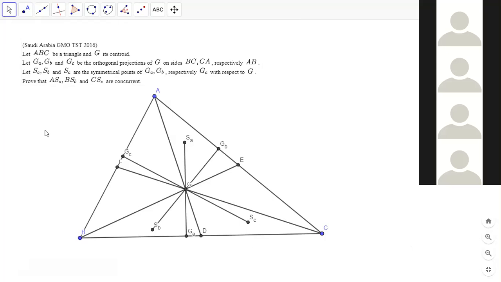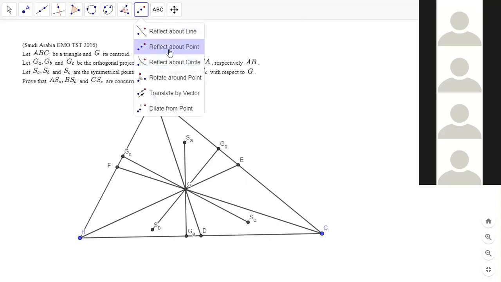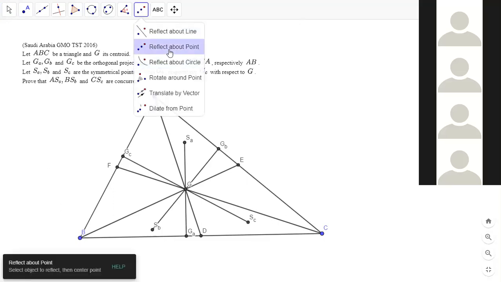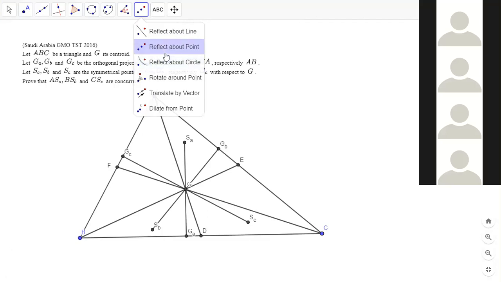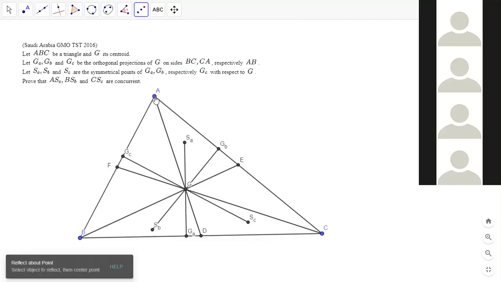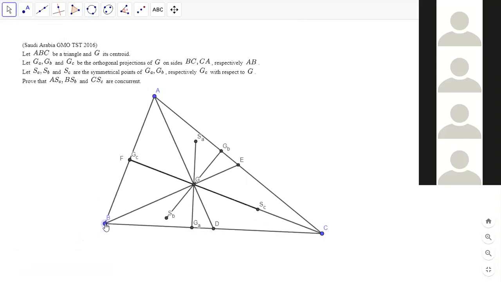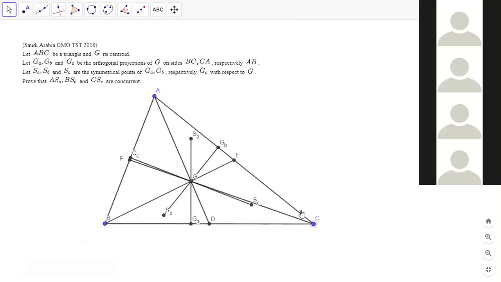Could you draw the parallelogram point? Reflect A over D. Yeah, the fourth parallelogram point, A prime, with A B C B prime.